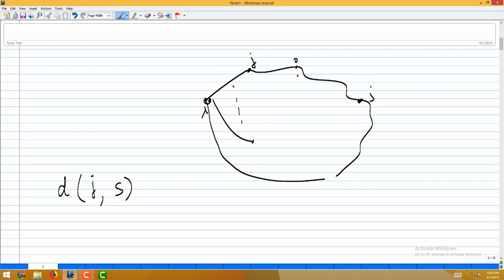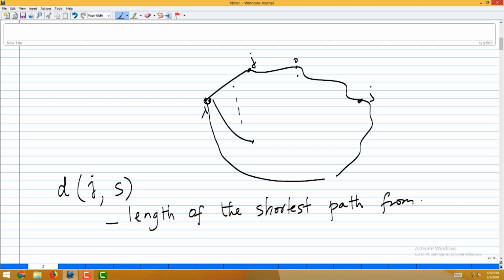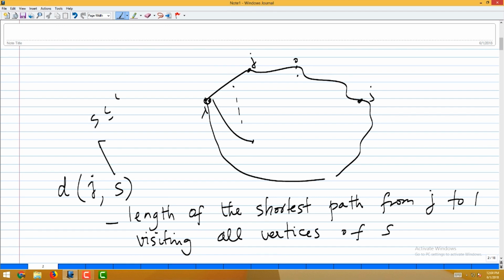So, I am going to define this as length, distance, cost, whatever. I am going to be using these interchangeably: the length of the shortest path from j to 1 visiting all vertices of S. So, S would be a subset of 2 to n and it contains j.